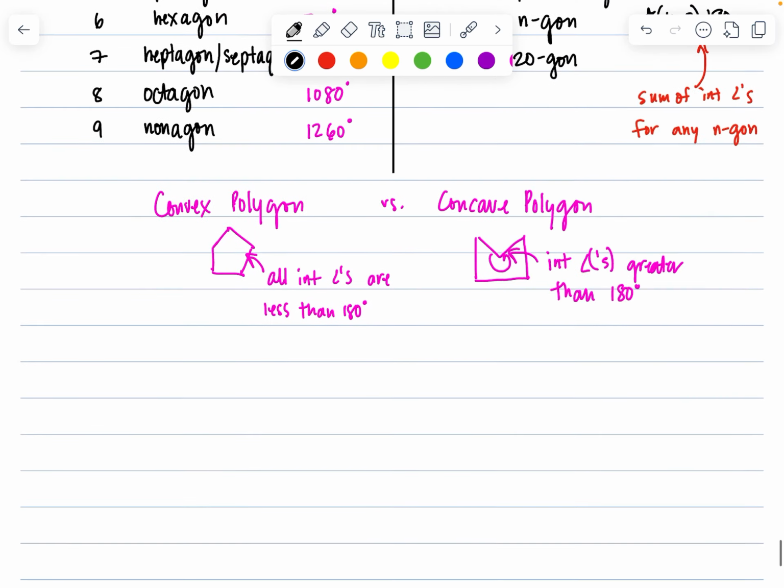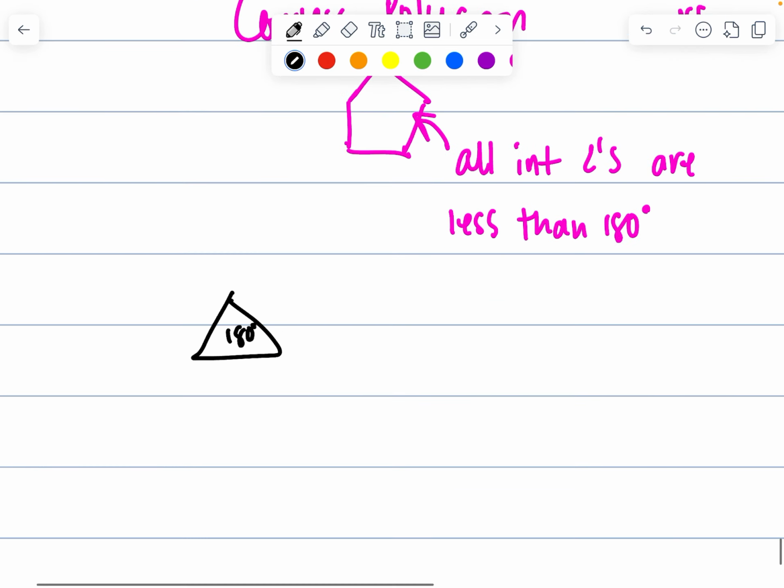Now, here's an interesting thing. If you have, for instance, a triangle, we know a triangle has 180 degrees on the interior. What about the exterior? The exterior, as we talked about, is the angles on the outside, and you have angles all around.